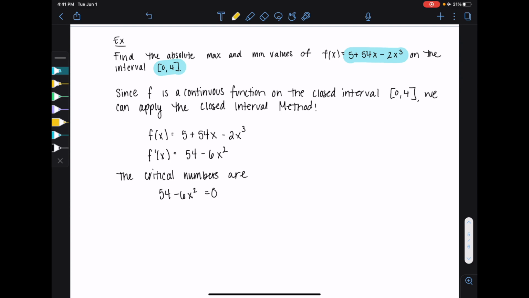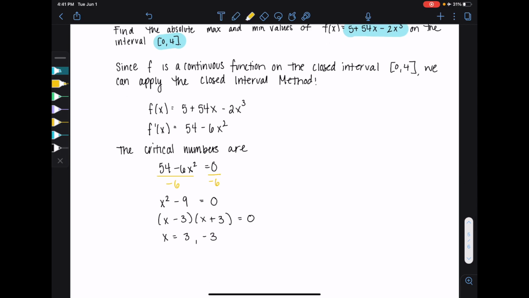Both of these are divisible by 6, and I'm going to get rid of the negative as well to make my x squared positive. So that gives us x squared minus 9 is equal to 0. That factors really nicely to x minus 3 times x plus 3. We technically have two critical numbers, 3 and negative 3. But I don't care about this one because it's not in my interval from 0 to 4. So I don't need to evaluate this.